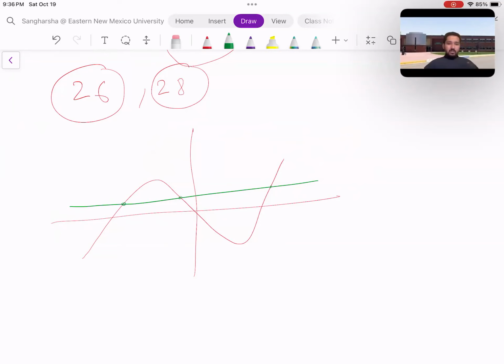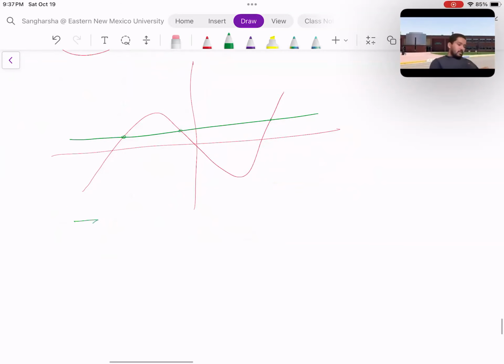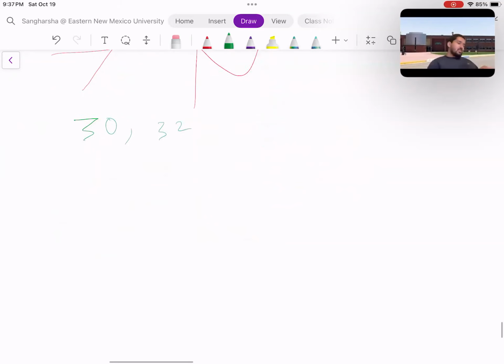The next we have 30 and 32. In number 30 and 32, you have a function and you have to state whether this function is one-to-one or not.